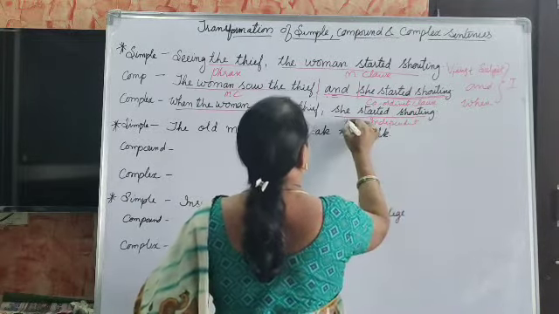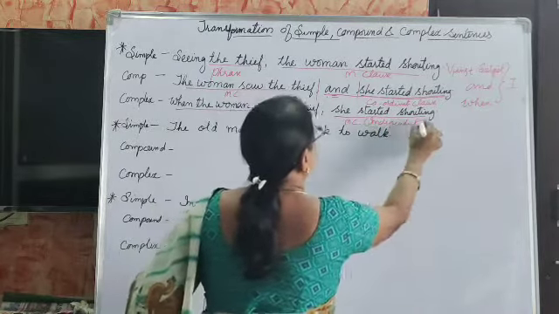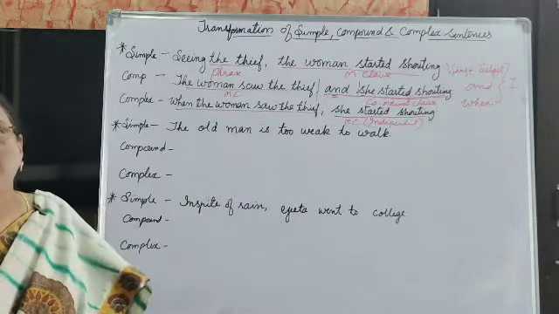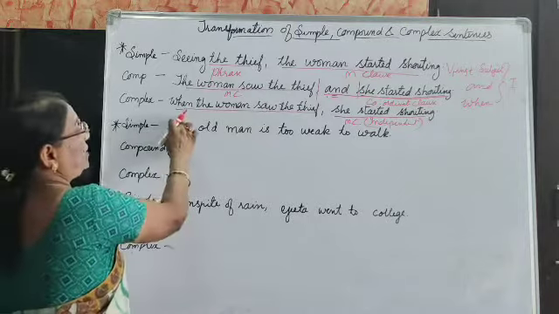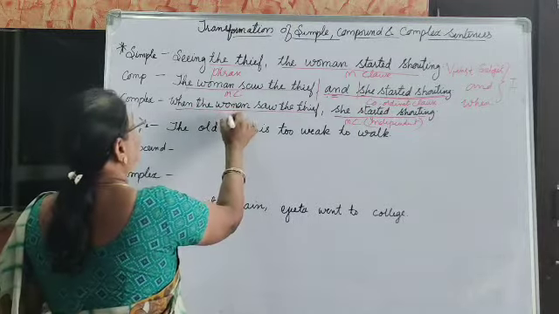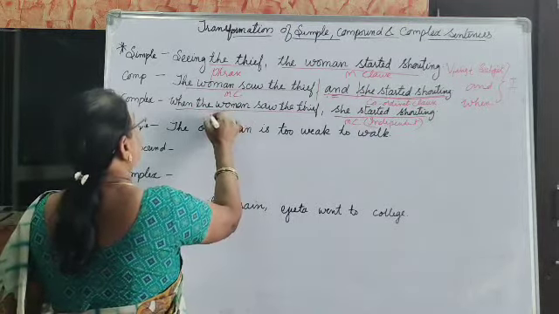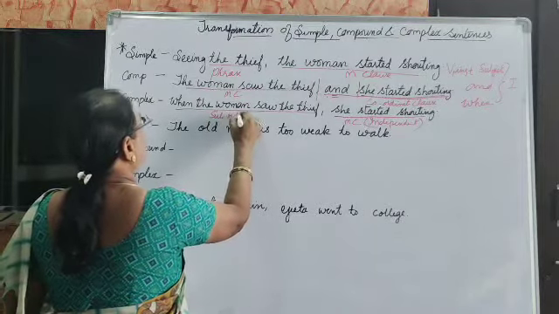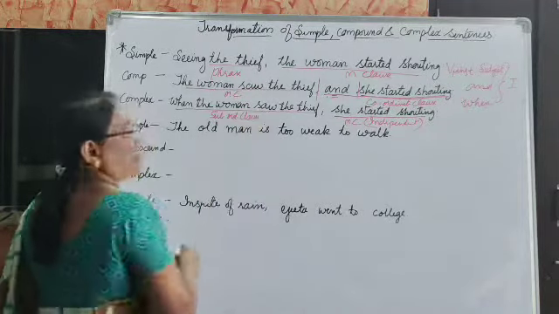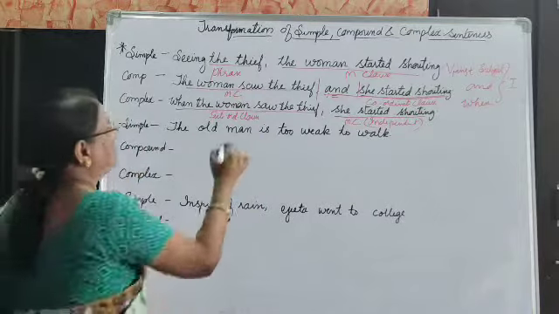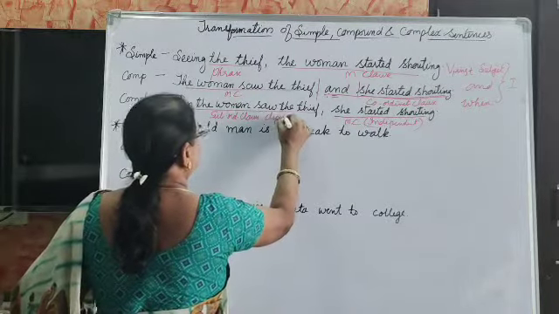'She started shouting' is independent, which is nothing but the main clause. 'When the woman saw the thief' is the subordinate clause. A subordinate clause is nothing but a dependent clause.